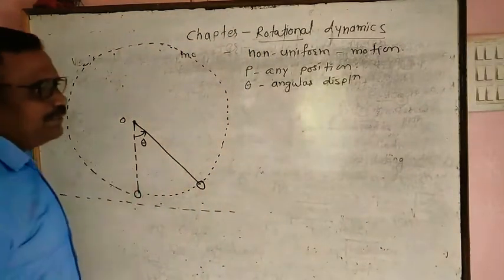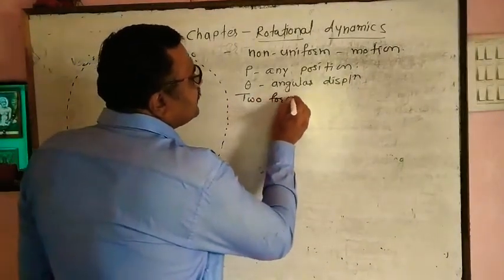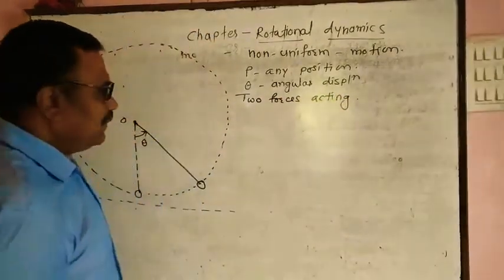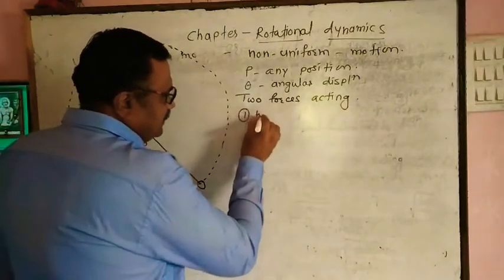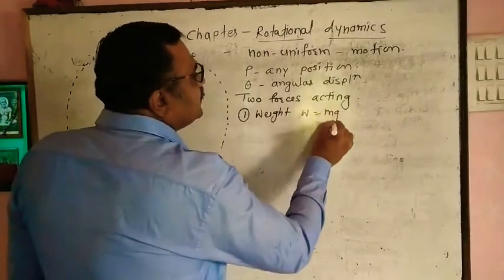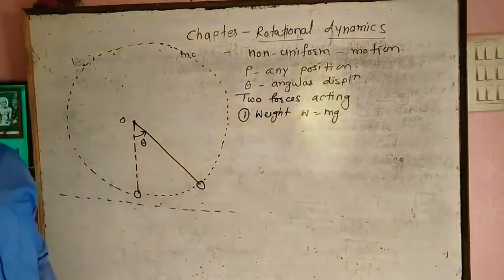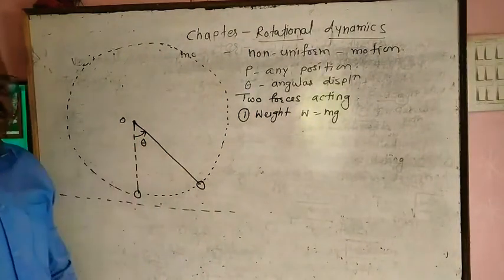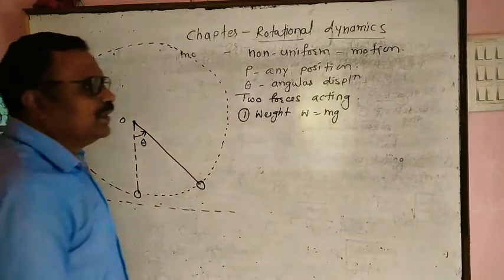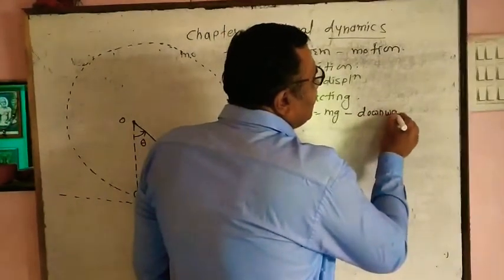Now in this position P, we observe two different forces acting on the stone. The first force is known as the weight of the stone. This weight is given by the formula M into G, where M is the mass of the stone connected to the string, and G is the acceleration due to gravity. This weight always acts in the vertically downward direction.